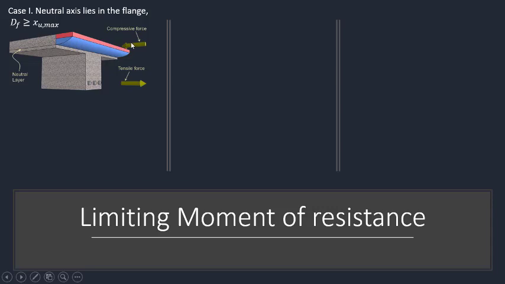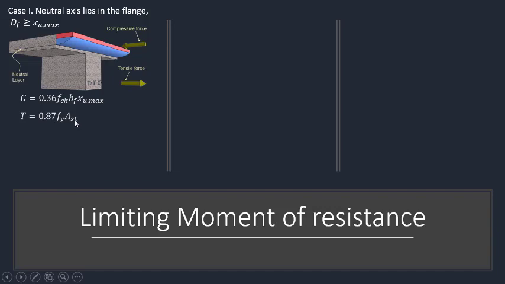This compression force, which is acting on the concrete above a neutral axis, will be 0.36 times fck into effective width of flange BF into limiting neutral axis depth XU max. Since this section is balanced, reinforcement will reach its yield stress. So tension force will be 0.87 fy times the tension reinforcement area Ast.